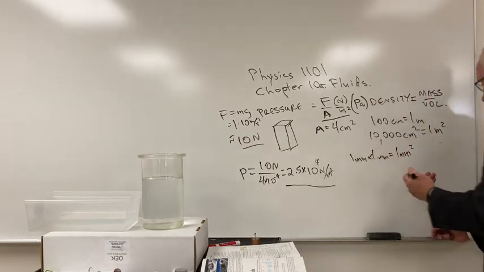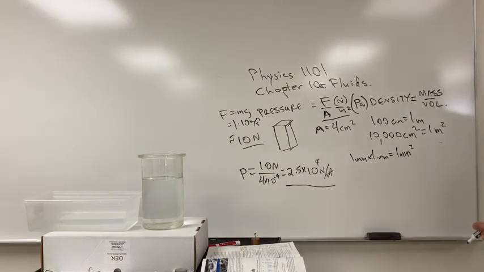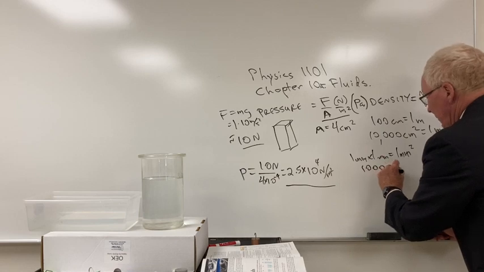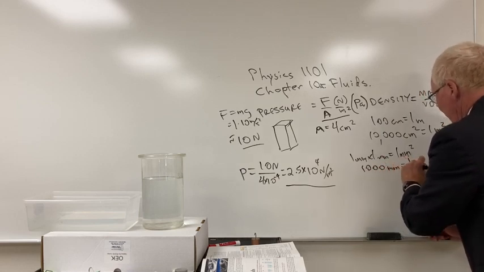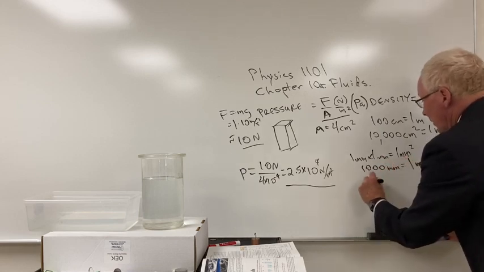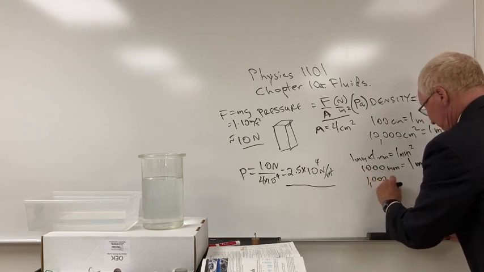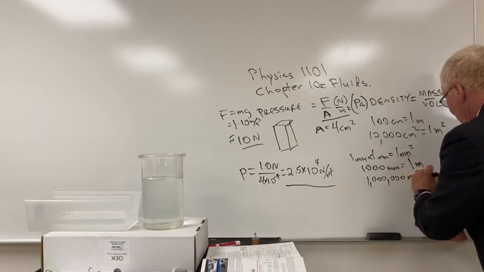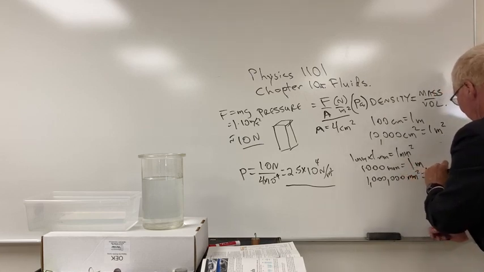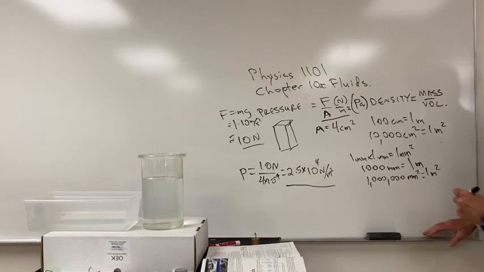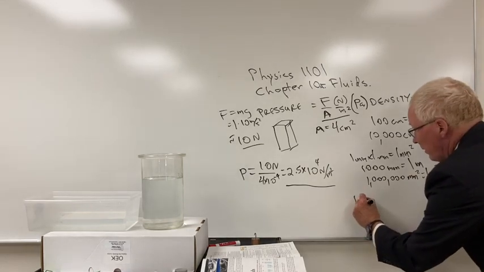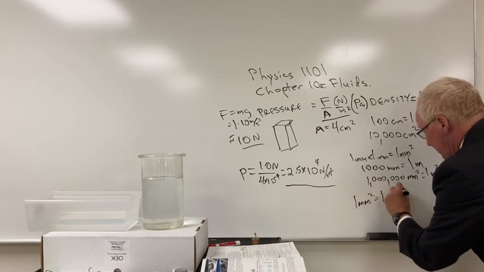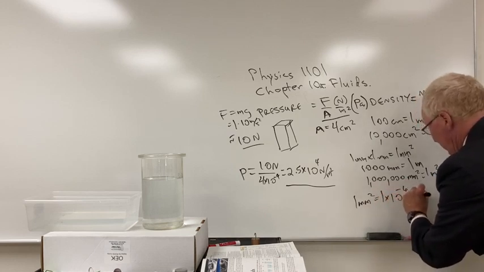We're also getting back into conversions again. 1,000 millimeters is 1 meter, but 1 million millimeters squared is 1 meter squared. So it's moving it over 6 places. So 1 millimeter squared is equal to 1 times 10 to the minus 6th meters squared.